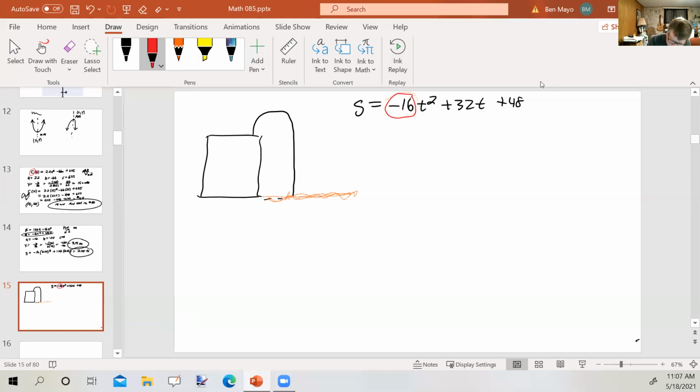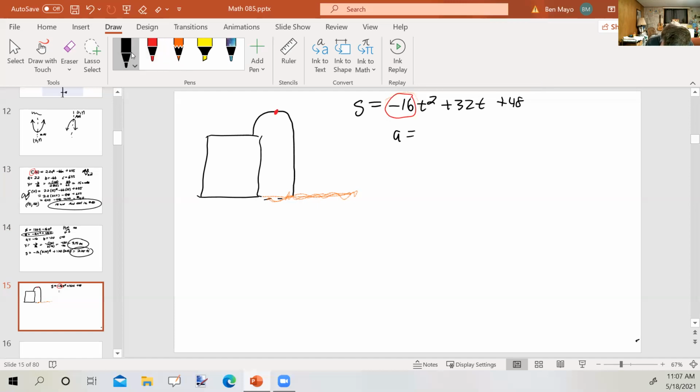Okay. So right here at the vertex, that would give us the time that it reached the maximum height. The Y value or the S value would be that maximum height. Okay, but let's see, it says find the maximum height reached by the ball. Okay, so it doesn't ask us for the time, but we'll still need to find that in the process. So we're looking for the vertex.